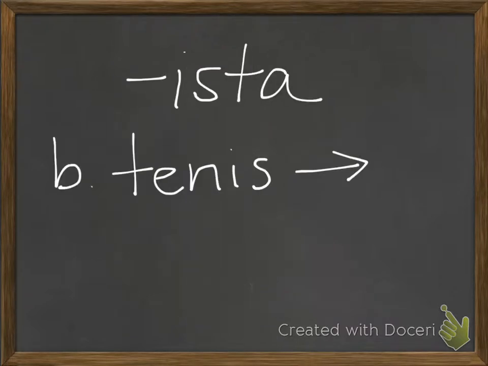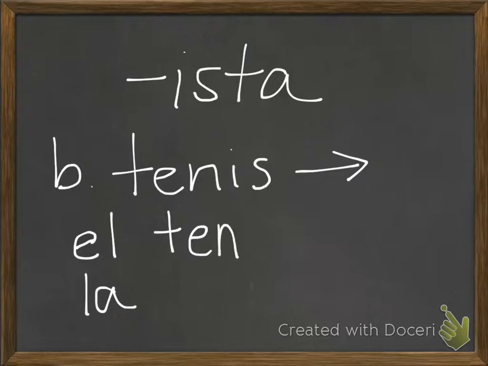Okay, so how would you form tenis into a tennis player? Okay, try it out on your own. Remember, we want the masculine and the feminine. I'm going to write mine down, see if you can get it before me.